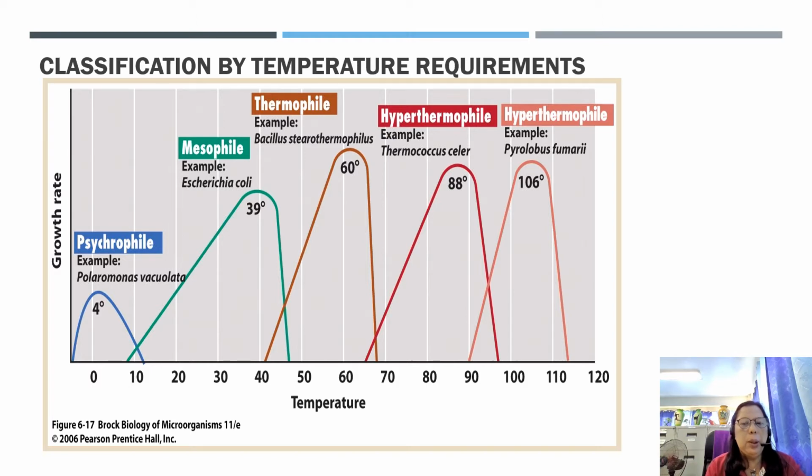The mesophiles thrive at a temperature within the body temperature or above the body temperature, that is 39. And then we have the thermophiles, which start to increase in number at the simmering temperature of water. So they are called the thermophiles. And then we have also the hyperthermophiles, those that could survive at high temperature, that is near to boiling water temperature.